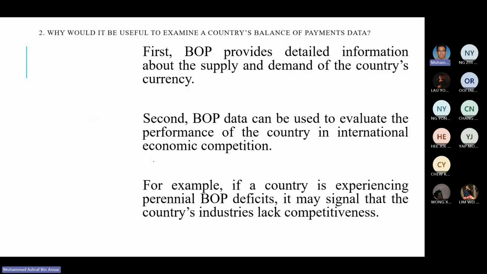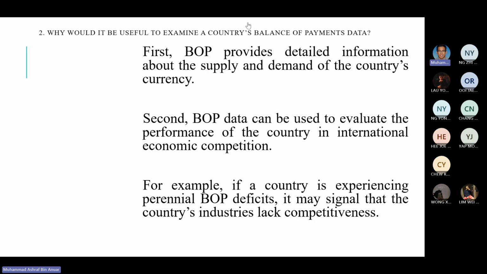Second question. Why would it be useful to examine a country's balance of payment? Why is it important to examine this BOP? First, it provides detailed information about the supply and demand of the country's currencies.